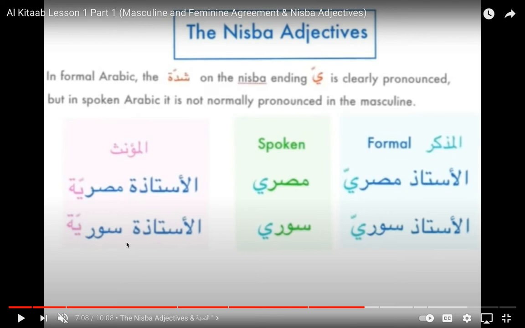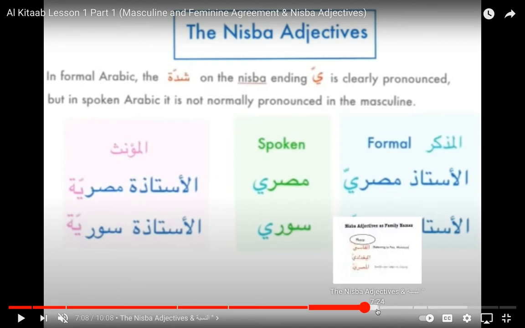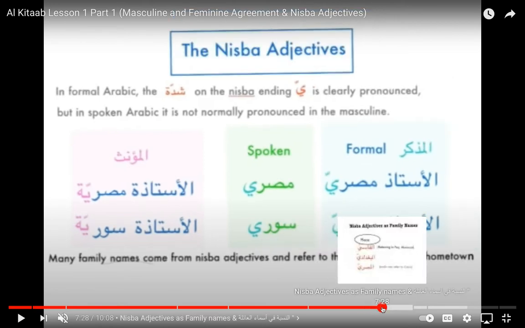And for the people who are still not fluent, anytime you hear ah or da, it means you have a ta marbuta, but we do not pronounce it when you speak. So I am not going to focus on the spoken or the dialects at all. I just focus on formal Arabic, standard Arabic.